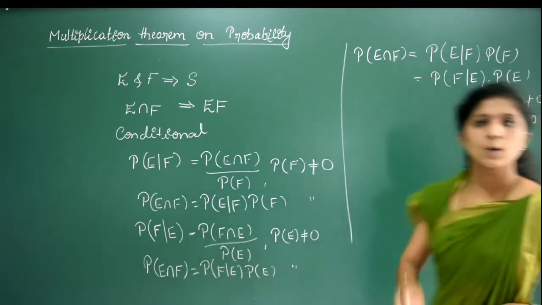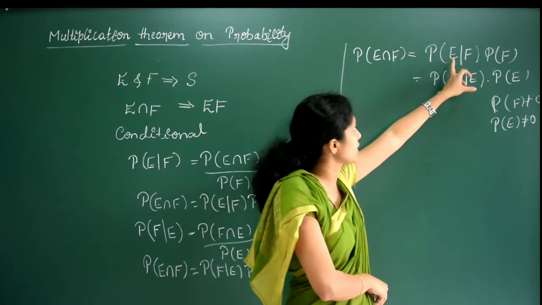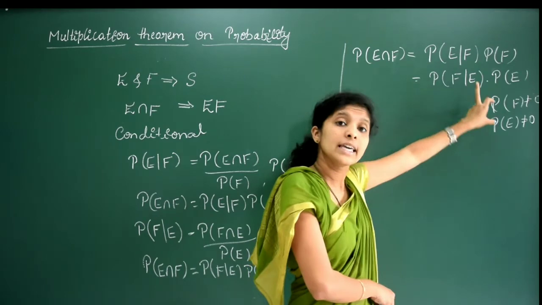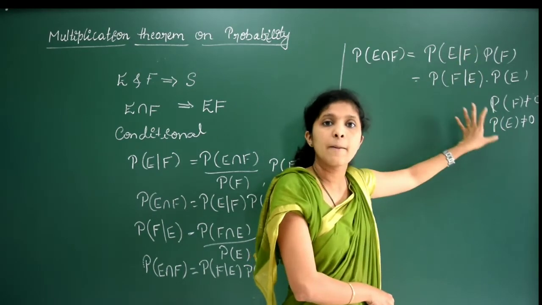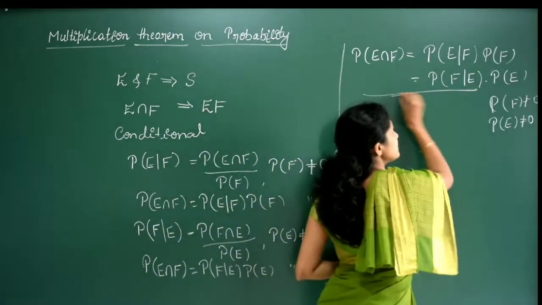Is it clear? So P of E intersection F can be written in both forms, using the conditional probability of E where F has occurred and the conditional probability of F where E has occurred. This is called the multiplication rule on probability. Remember this.